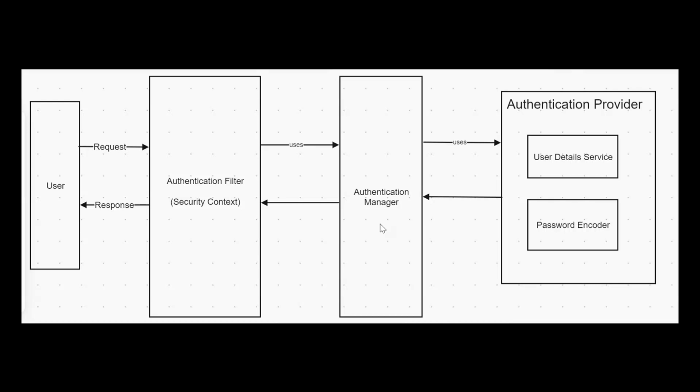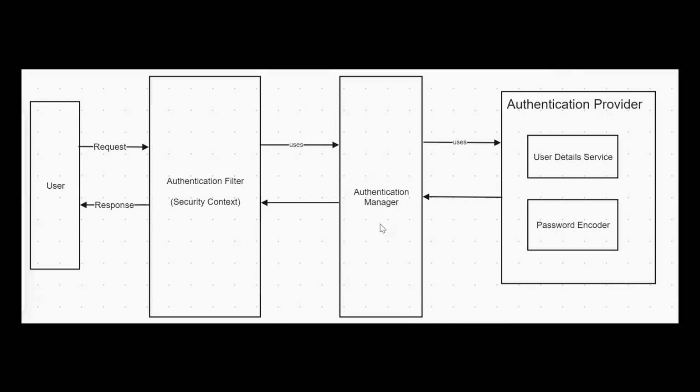If it is present, then it will immediately return a success response to the user. If the user details are not present in the security context, then the authentication filter will use the authentication manager. The authentication manager will check user identity.